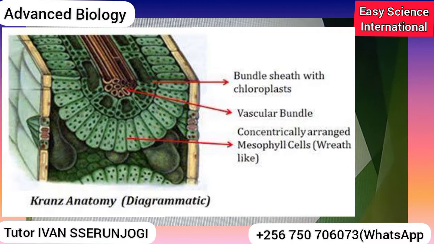This arrangement of the bundle sheath cells around the vascular bundles and the mesophyll cells around the bundle sheath cells is what we refer to as the Kranz anatomy. We shall see its significance as we look at the biochemistry of C4 plants in our next tutorial.